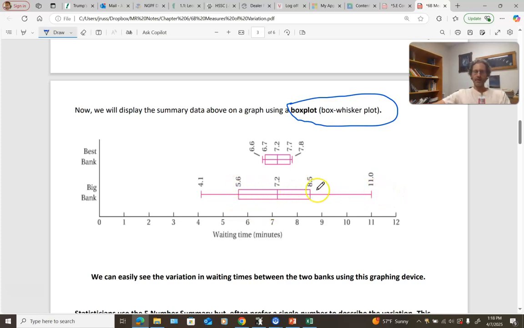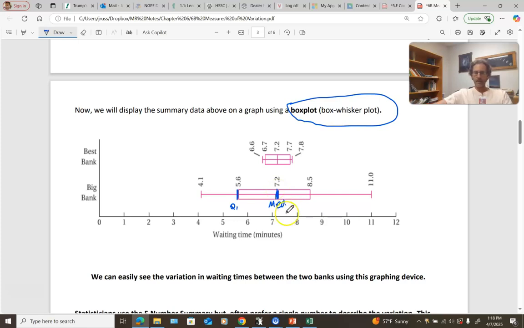And then the box starts right here at the lower quartile, whatever value that is. Okay, so Q1. And notice my horizontal axis is calibrated in minutes, wait times, in other words. So the left-hand side of the box corresponds to the lower quartile. The middle, it may not always be in the middle, but this value right here, this is the median.